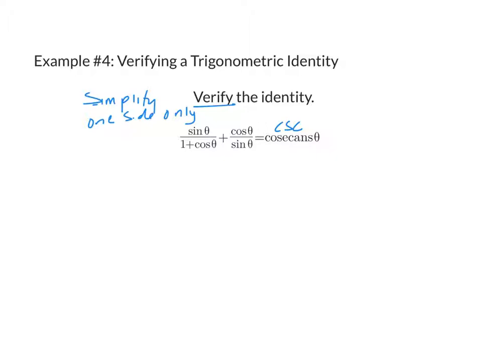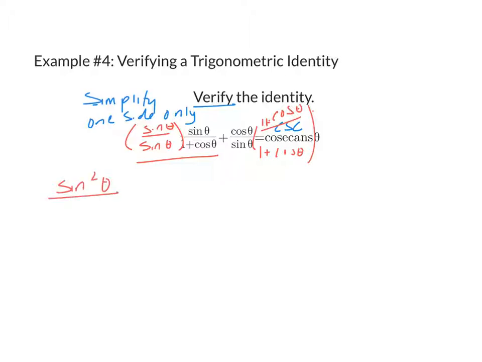The first thing I see is two fractions that have different denominators. To make them have the same denominator, I'm going to multiply each fraction by the other's denominator. So I'm going to multiply this one by sine theta over sine theta. I'm going to multiply the other one by 1 plus cosine theta over 1 plus cosine theta. For this fraction, if I multiply the tops, I'm going to get sine squared theta over, and let's just leave this as sine theta times 1 plus cosine theta.